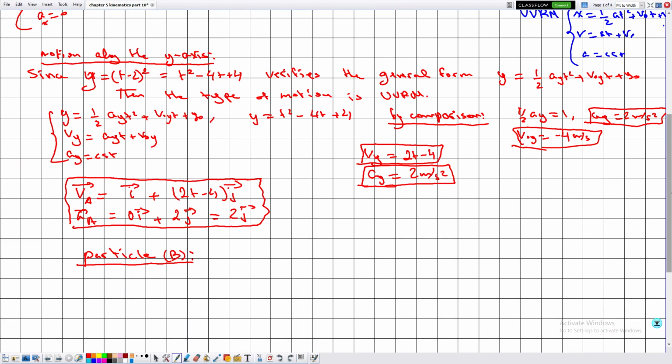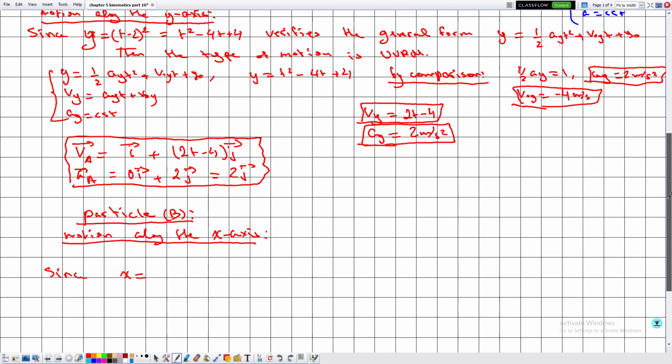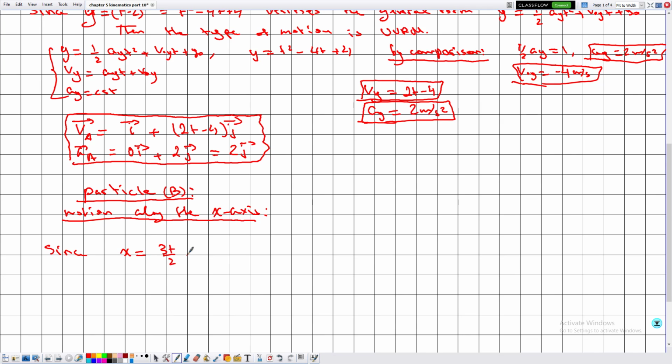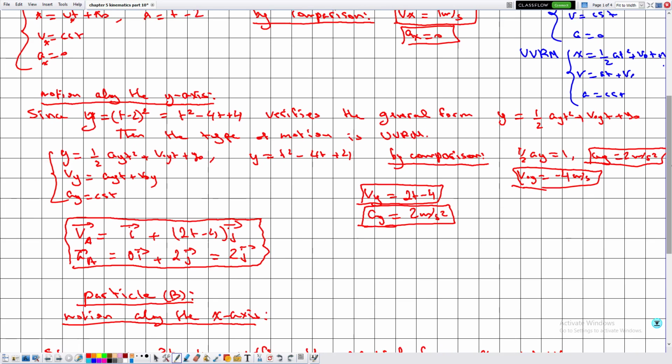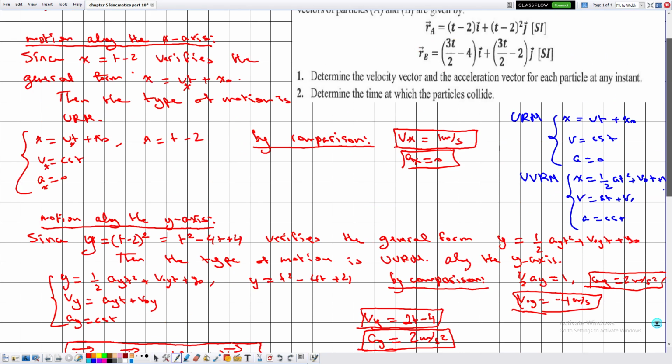Let's start with the motion along the x-axis. Since x is equal to 3t over 2 minus 4, because the position is linear in time, this means that the type of motion is URM, which verifies the general form x is equal to Vx t plus x0. The same holds along the y-axis and along the x-axis.